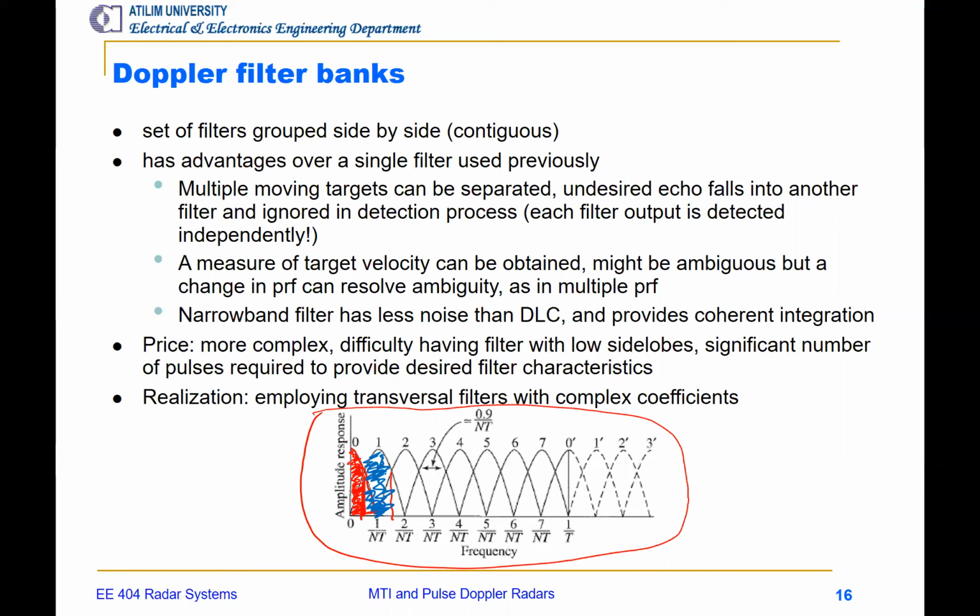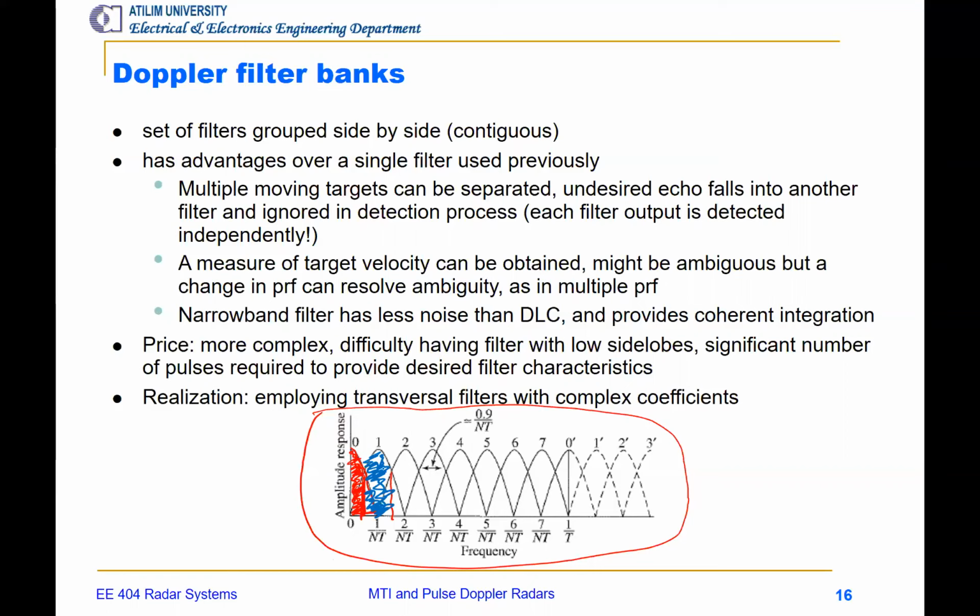But it's not, of course, easy to estimate the exact value of the Doppler shift. So there is going to be an error here, but I may reduce this error by increasing the number of filters, so reducing the filter bandwidth. Okay, there are some challenges in here, of course. There may be some ambiguities. There may be problems in the design of these filters because we talk about very narrow band filters, which is quite complex and costly.